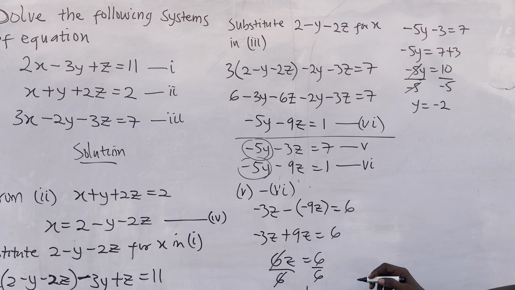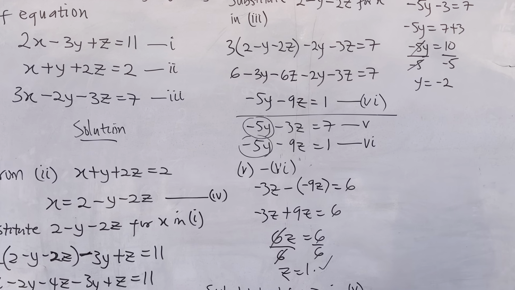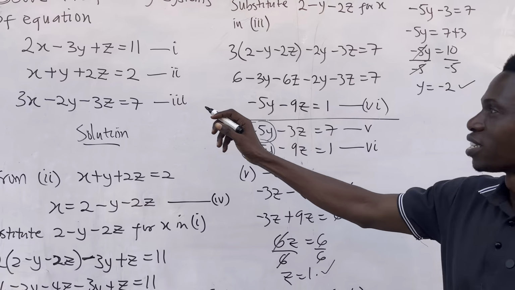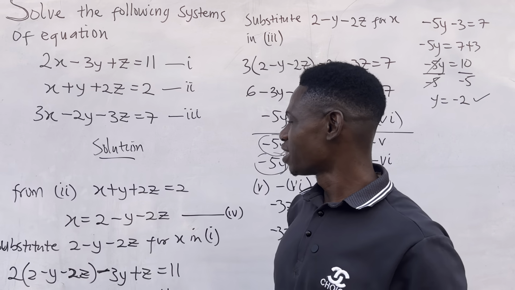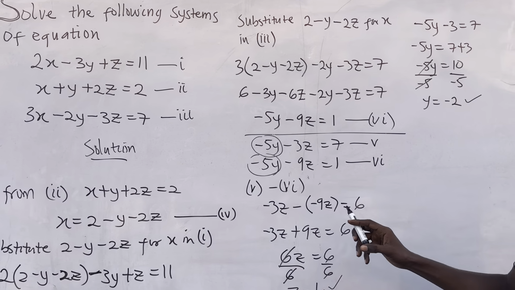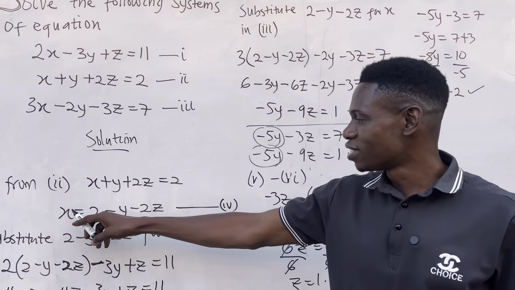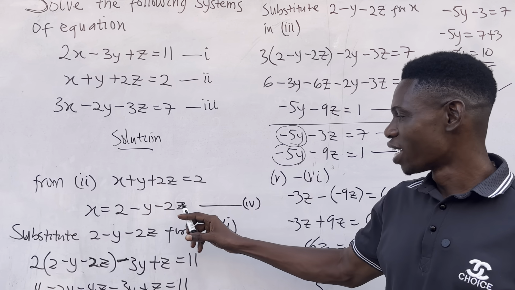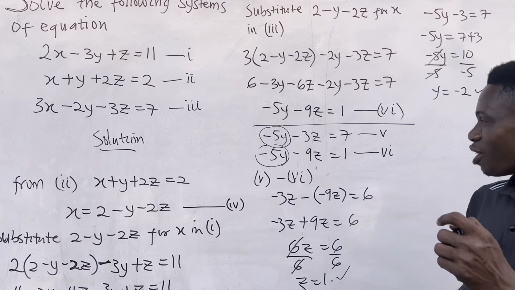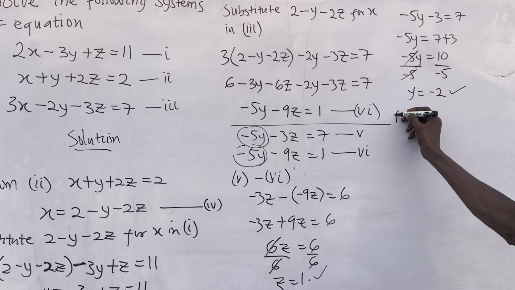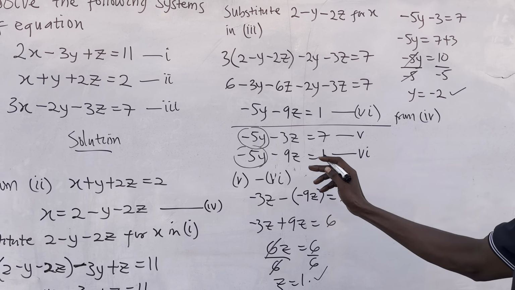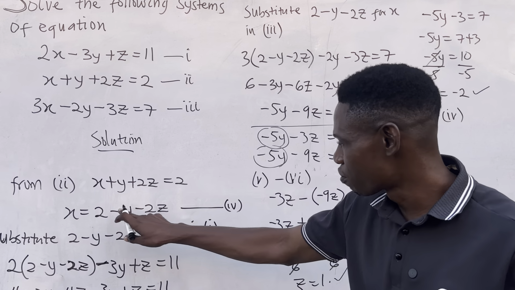Now we've gotten our value for z and that of y. Remember our equation has x, y, and z, right? Now if you remember our equation 4, where we made x the subject, we can get our x from here because we now have our y and our z, right? So let's do that. So from equation 4, right? I hope I'm using the right term. Yeah, equation 4.